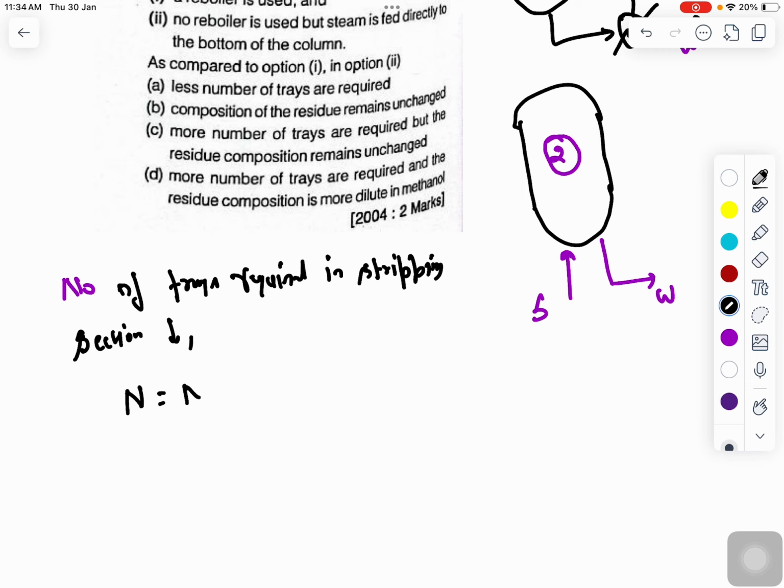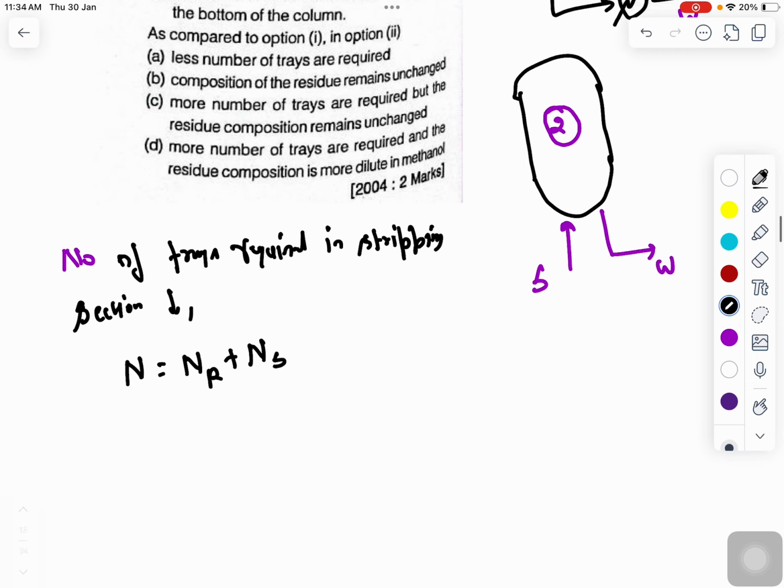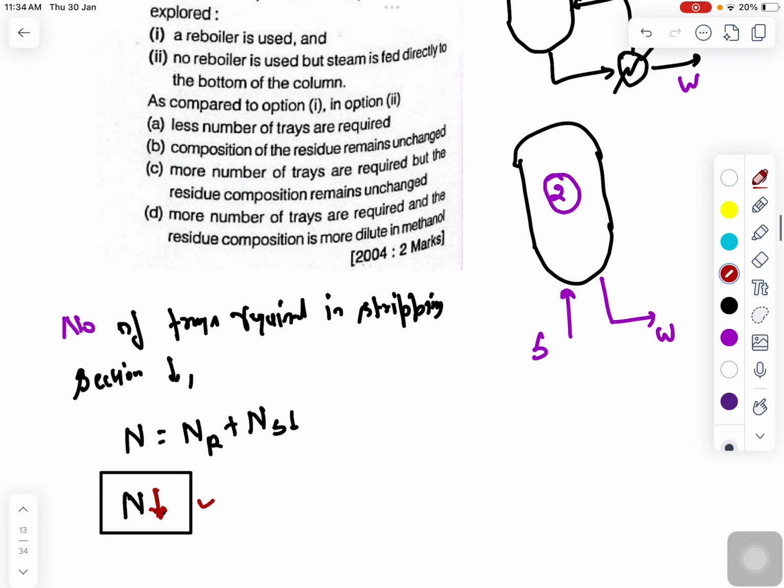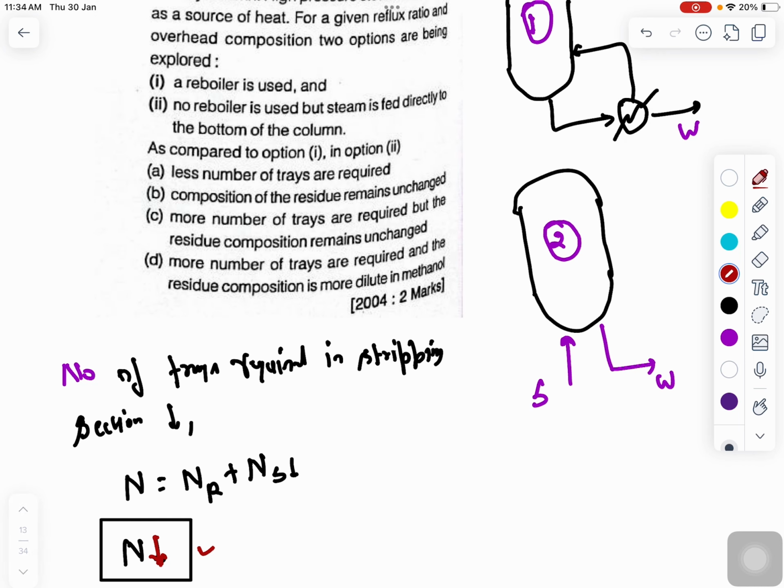Total number of trays equals the number of trays required in the rectifying section plus the number of trays required in the stripping section. So if the stripping section requirement is decreasing, the total number of trays required will decrease, right? But the number of trays required in the rectifying section will be fixed as it is. So the composition of the residue remains the same, and fewer trays are required.